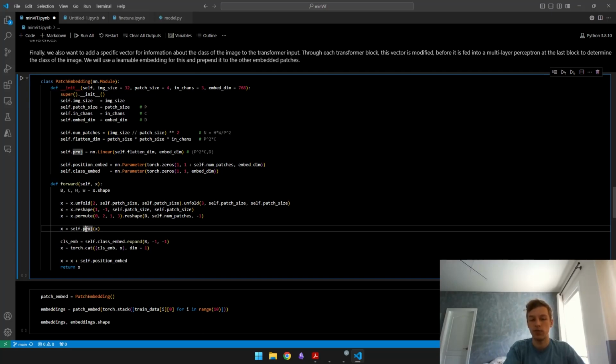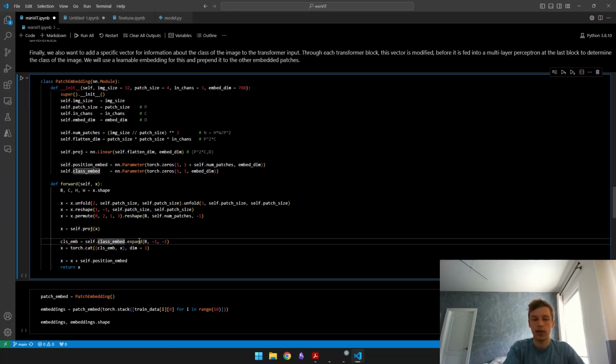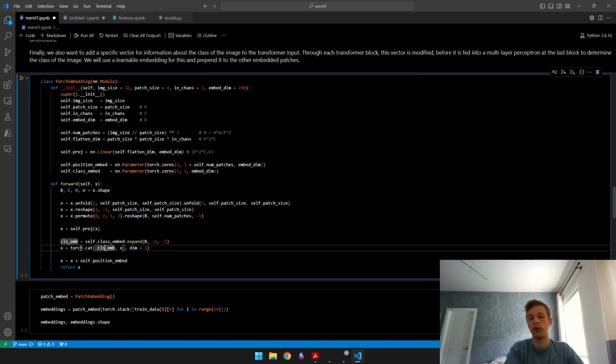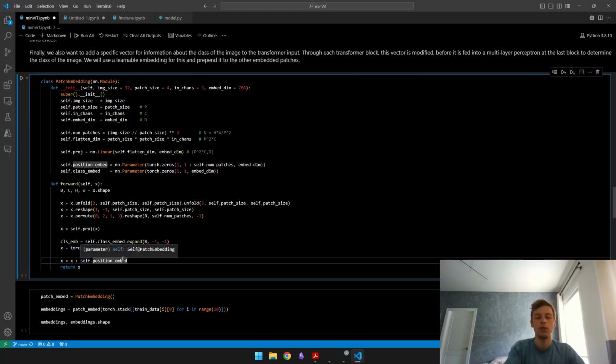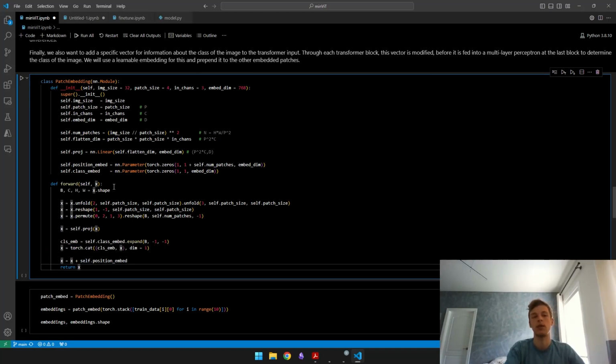Then we project all of this using the same linear layer. We want to add the class embedding, so here we use expand, and then we expand it to the batch size, and then we have the concatenate, so we can add that to the rest of the patch vectors, and then we simply add the positional embedding, and now we are good to go with our patch embedding.